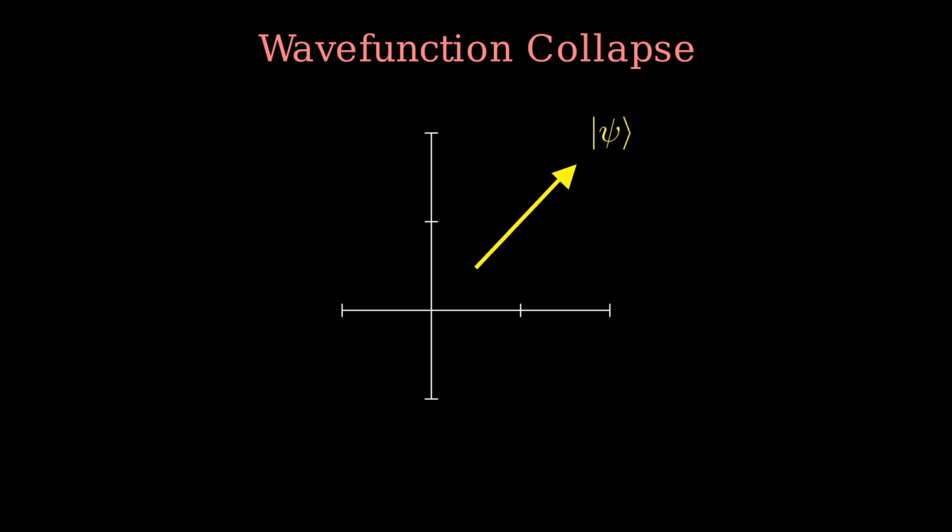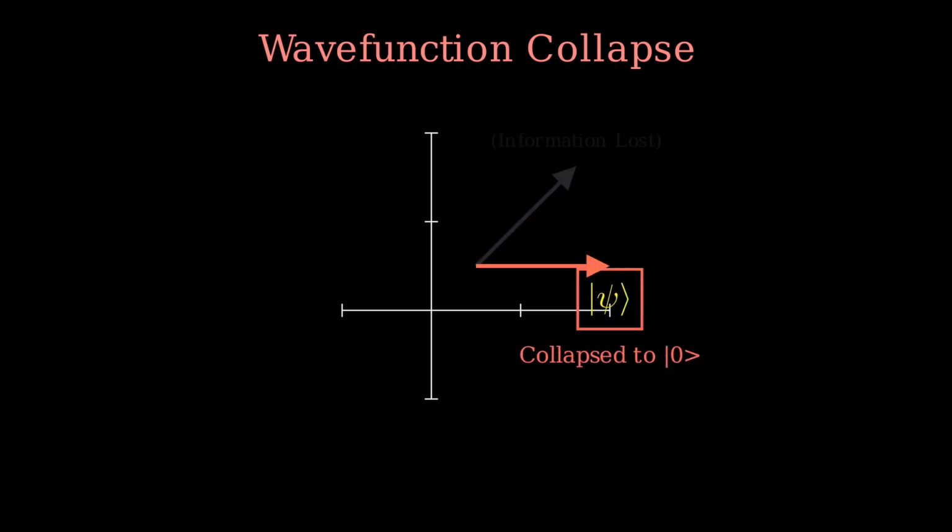When you measure an observable M on a quantum state, something dramatic happens. The state collapses to one of its eigenstates, corresponding to the measured eigenvalue. This collapse is instantaneous. It happens immediately. Irreversible.